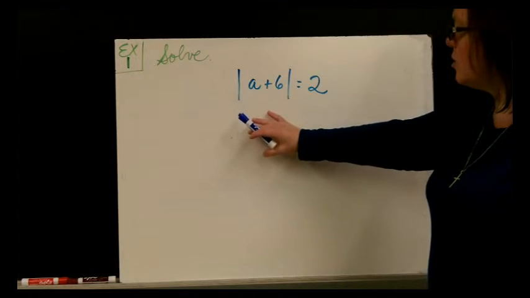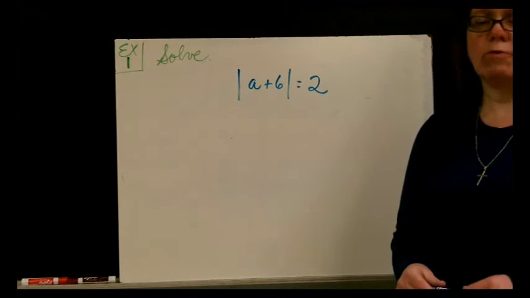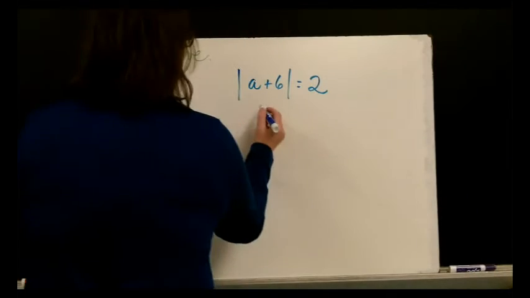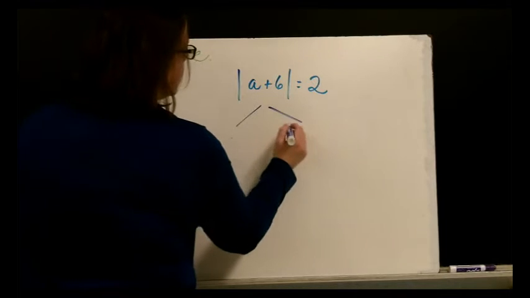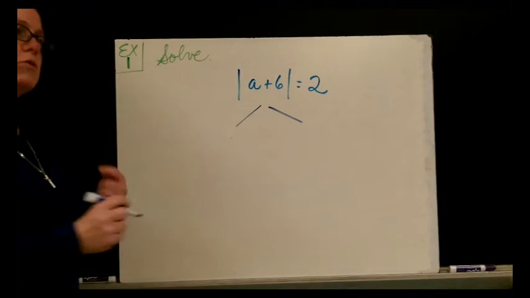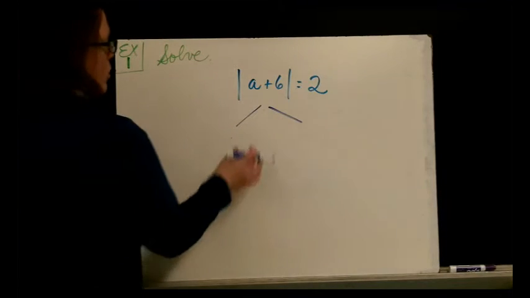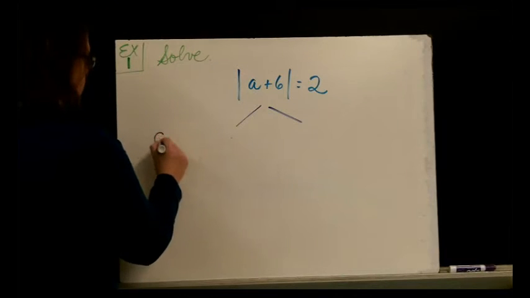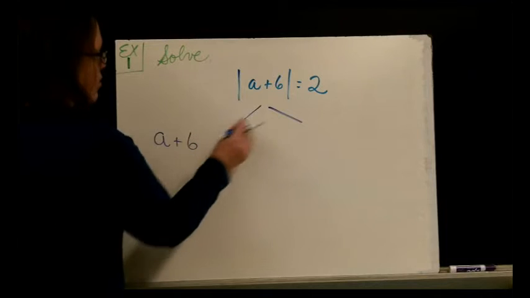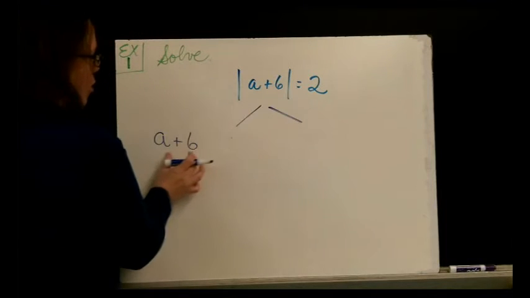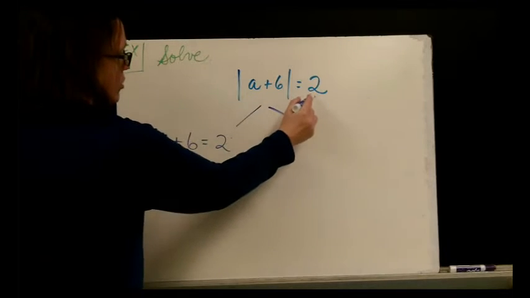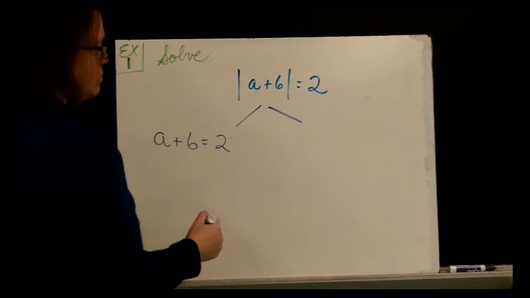Whenever we see an equation that has an absolute value expression in it, what we have to do is set this up into 2 separate equations. In both of these equations, we are going to lose the absolute value brackets. Whatever is inside the brackets, we are going to copy here, and we're going to have it equal to 2, because that's what it says.